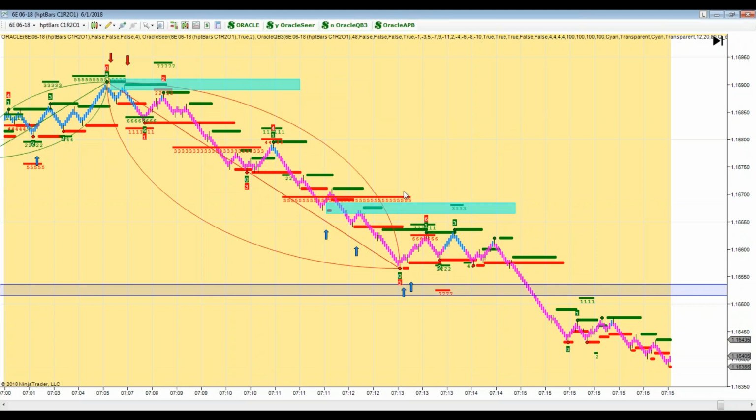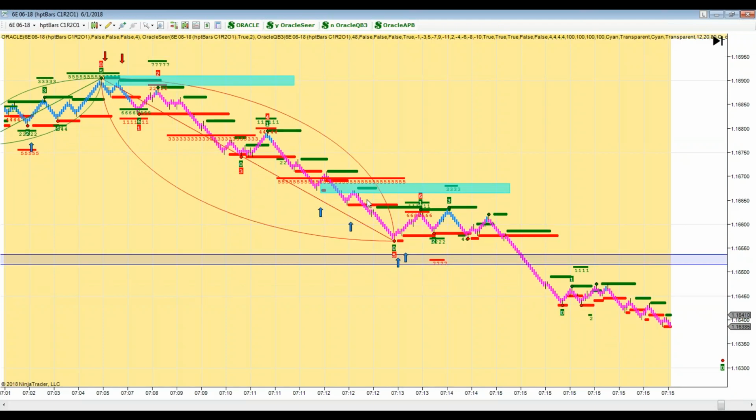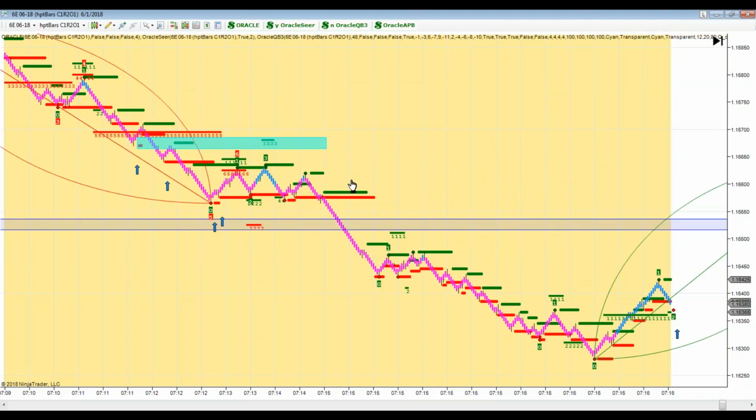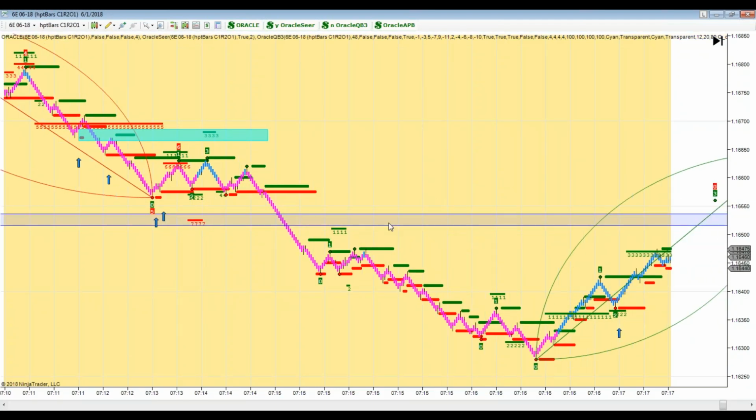as is the case here, in other words, we're trading below the cyan band, it does not matter anymore what trade setup arrows occur. Those are to be ignored, and the best way to continue to trade this is just to manage it as it drops. So I think you can see once the flip was taken to short, this market pretty much collapsed to the downside and moved down a significant amount.